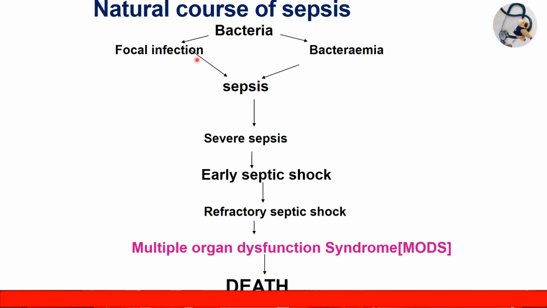So this is the natural course of sepsis. If you don't treat, the ultimate result will be death in sepsis. So early intervention is very, very important. If you can suspect or diagnose sepsis at this point, the prognosis will be very good.